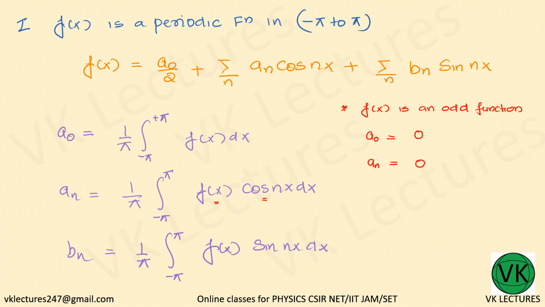So bn will be equal to what? This is an odd function, sine is also an odd function, so 1 by pi integral over even limits will be equal to 2 by pi integral from 0 to pi of f of x into sine nx dx.